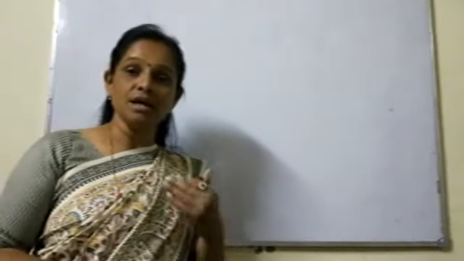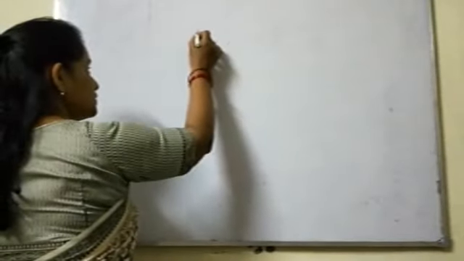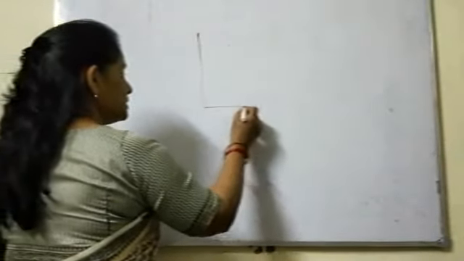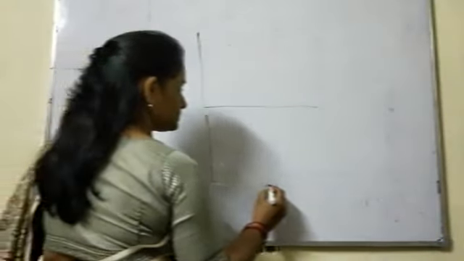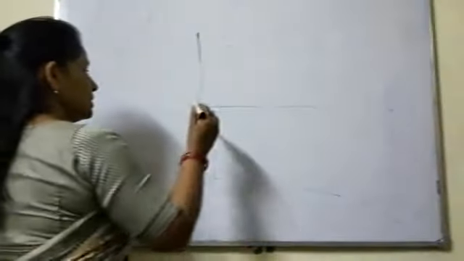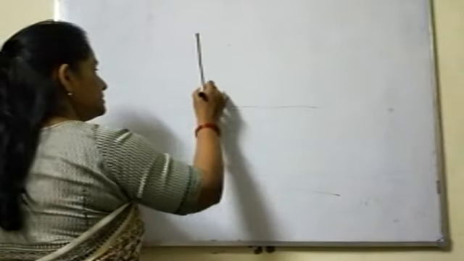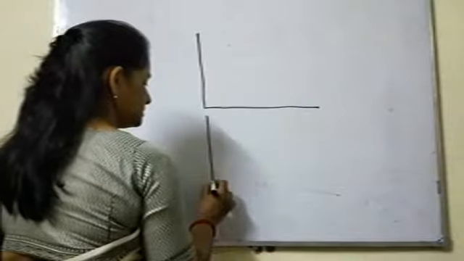Then you will draw the diagram. I am drawing the diagram again so that I can use it and give you the explanation. First we draw the consumption function. This is the upper panel and this is the lower panel.